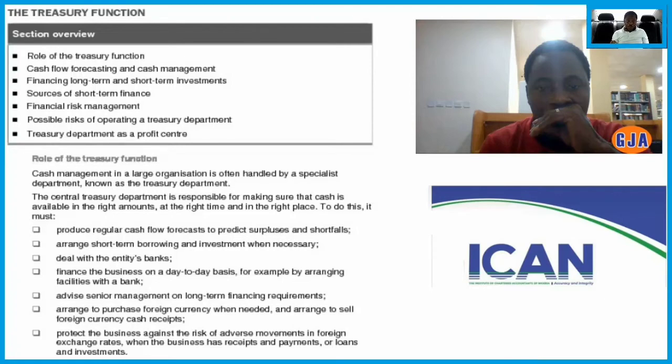So we must be able to finance on a day-to-day basis. We must be able to arrange facilities for them with a bank.